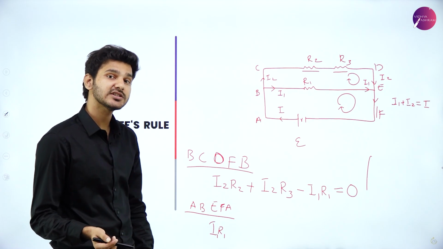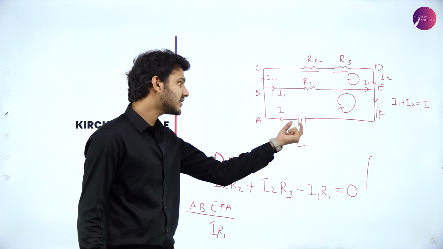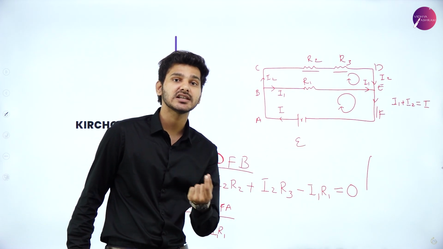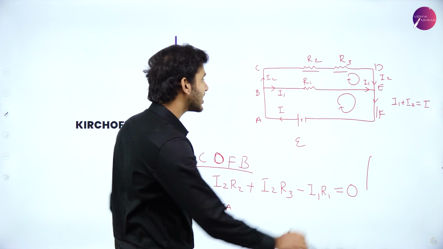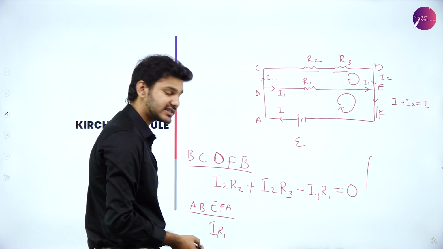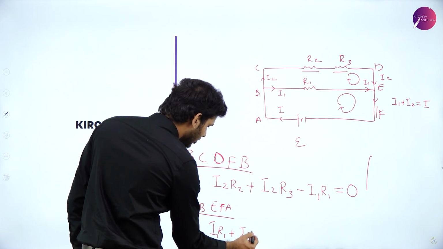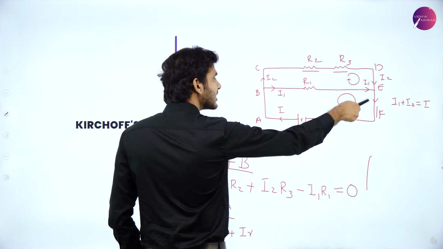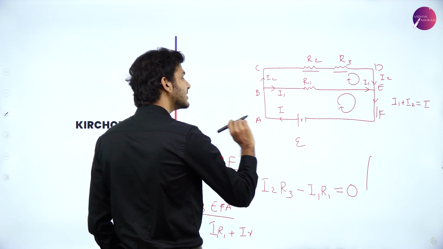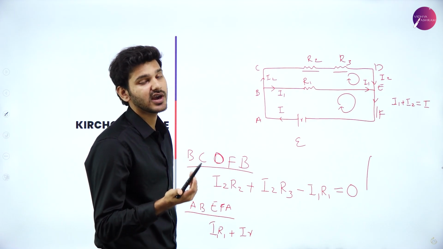Why this is important is because there is not only one resistor here. There is another resistance in the form of internal resistance. So we have to take that also into account. So the current flowing through this particular resistance is nothing but I times small r, and the signs are positive because we are taking the clockwise direction and no current is flowing against the direction which we have taken.